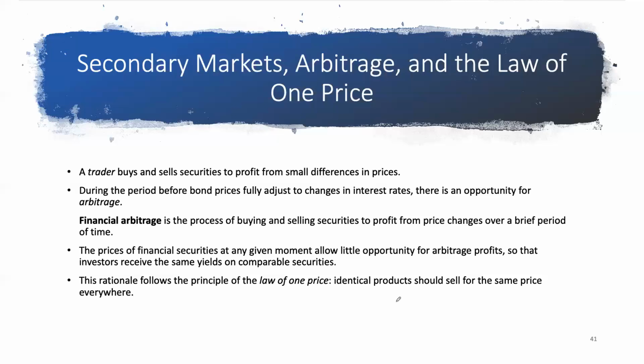Okay, so the law of one price says that identical products should sell for the same prices everywhere. That's the bedrock principle around which trade theory is built. But financial arbitrage disappears when the law of one price again becomes true, right?